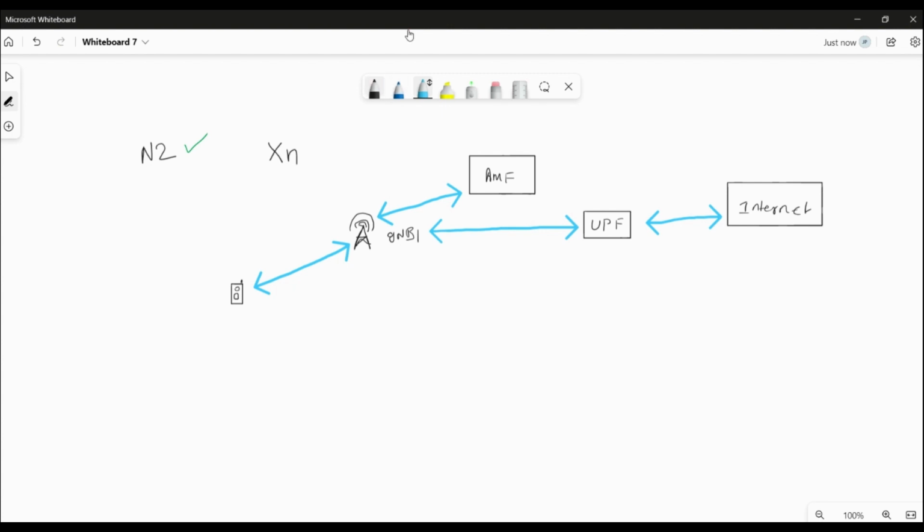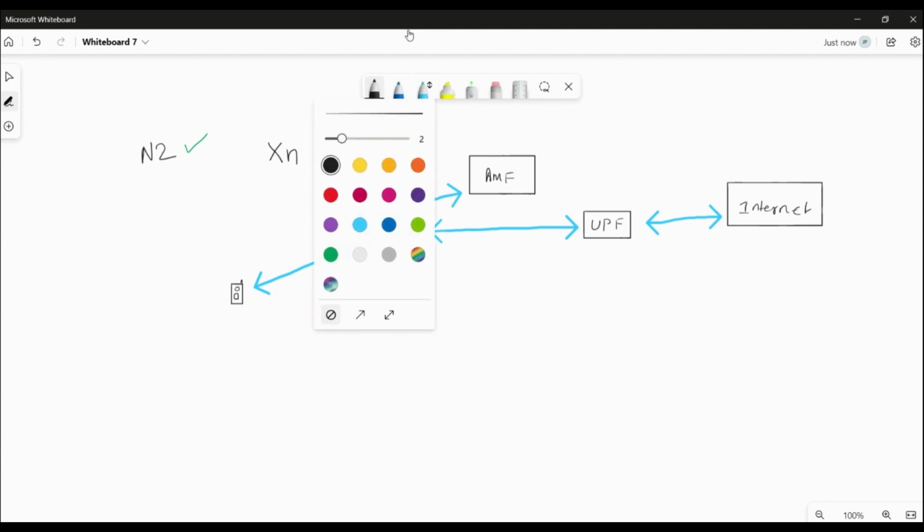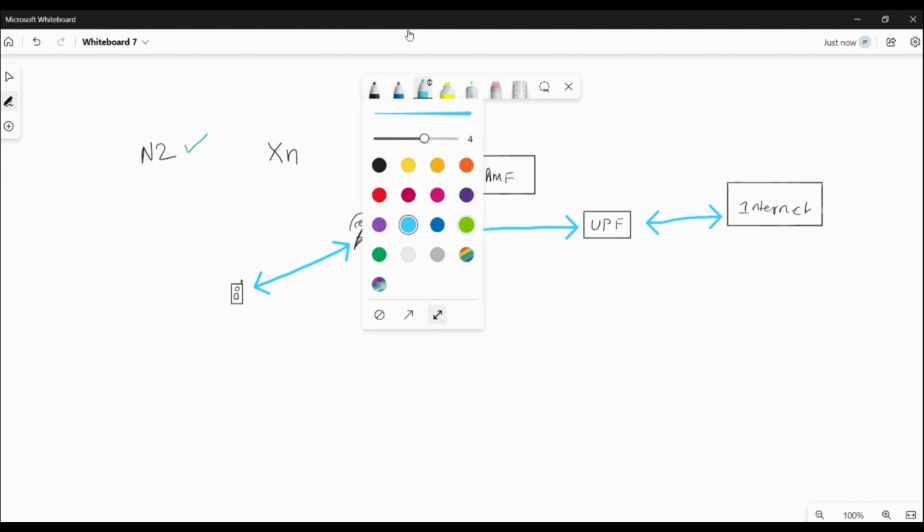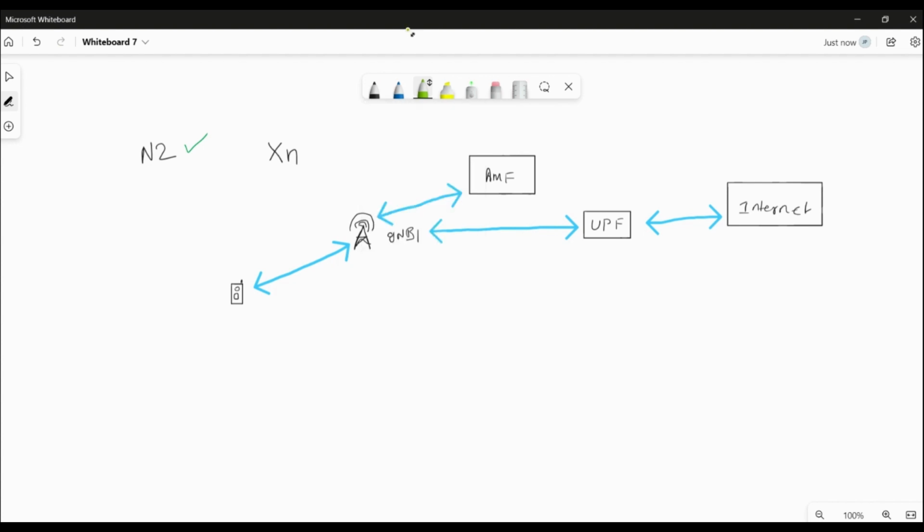Then there is a connection of this sort too. This actually goes through the gNodeB, but for the sake of clarity, we say it's different here.